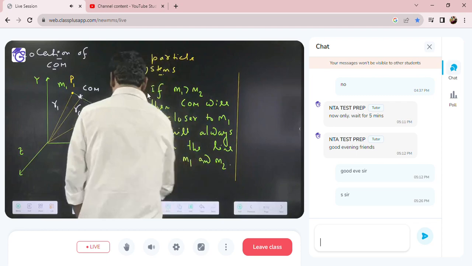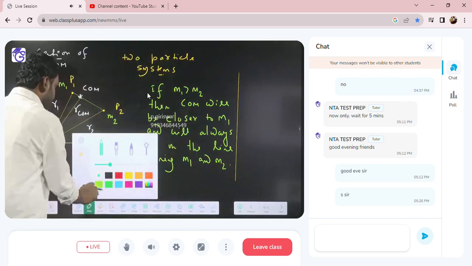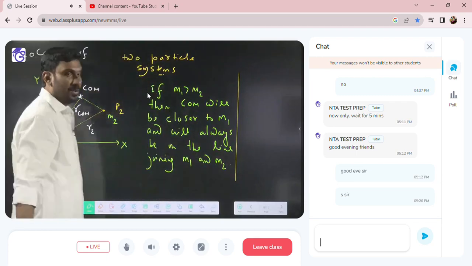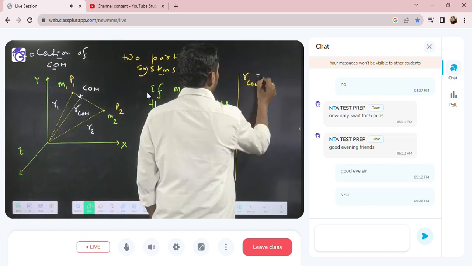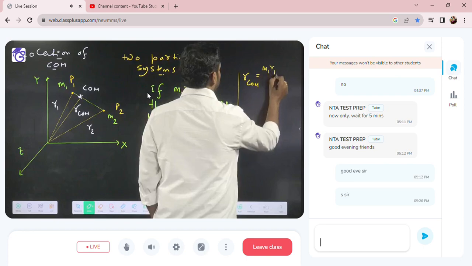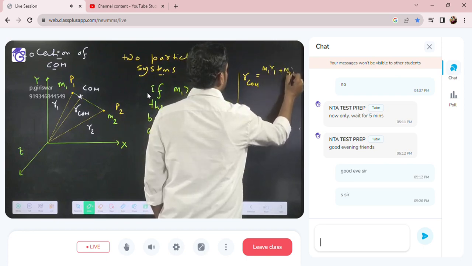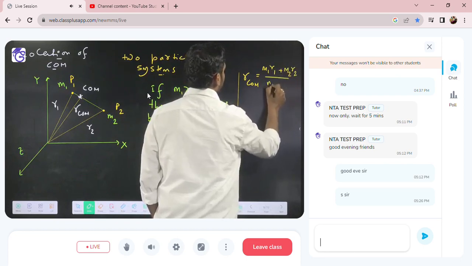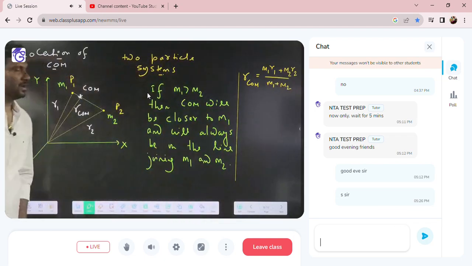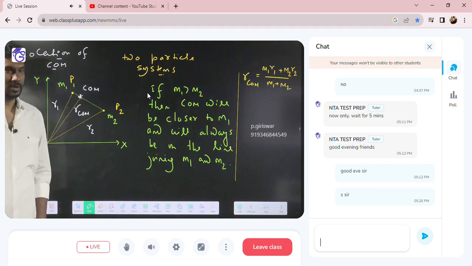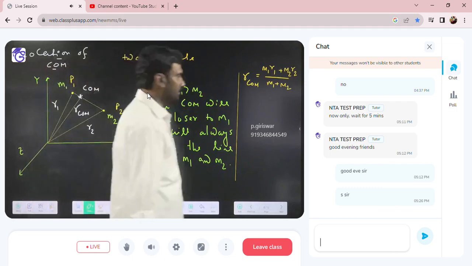Now, based on this, we are going to write the formula. From point particle symmetry, we will write R center of mass is equal to M1 R1 plus M2 R2 divided by M1 plus M2.